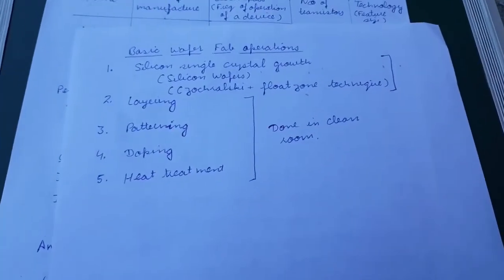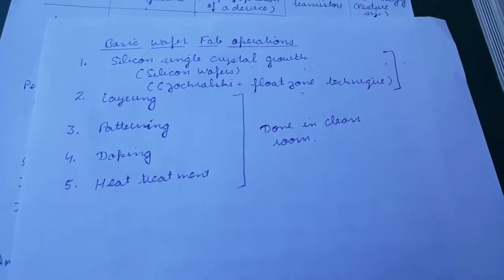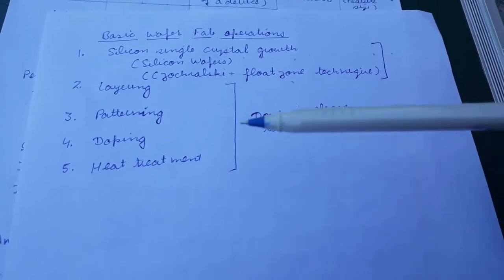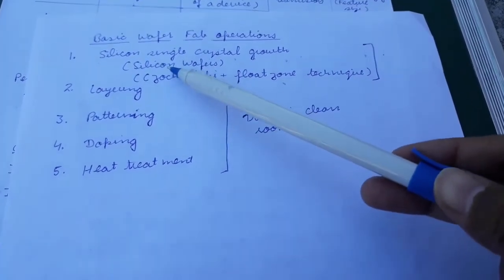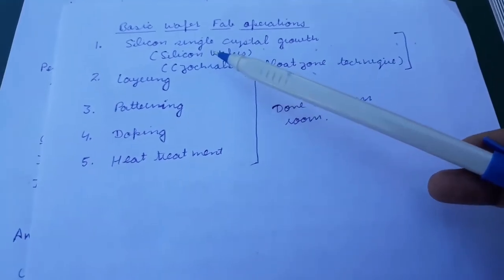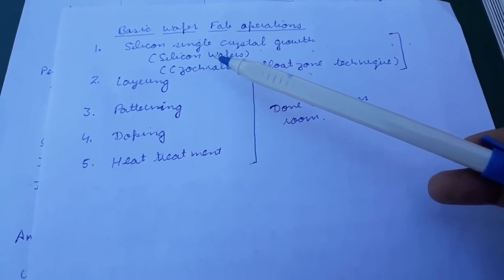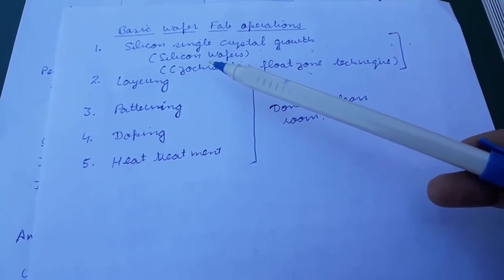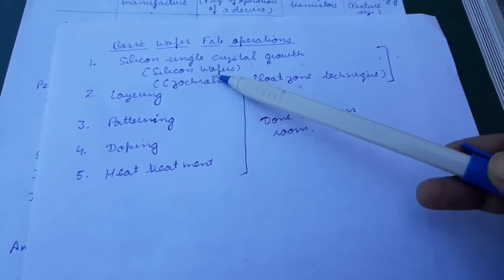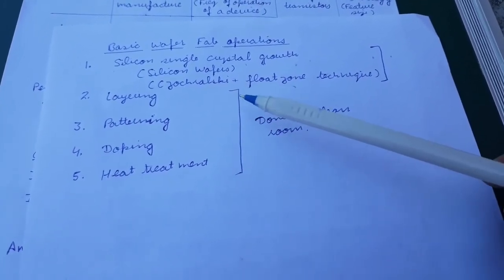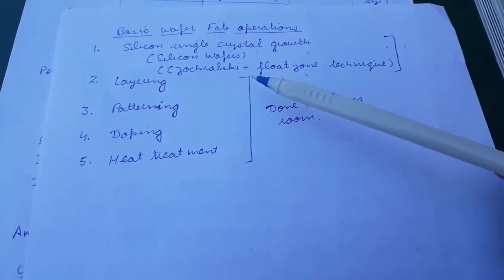Okay, so now let's come to the basic steps for device fabrication. First of all, we require a substrate. As we discussed, 95% or more of integrated circuits are based on silicon. So we require a single crystal, defect-free silicon wafer, on which all the deposition and fabrication steps will take place.